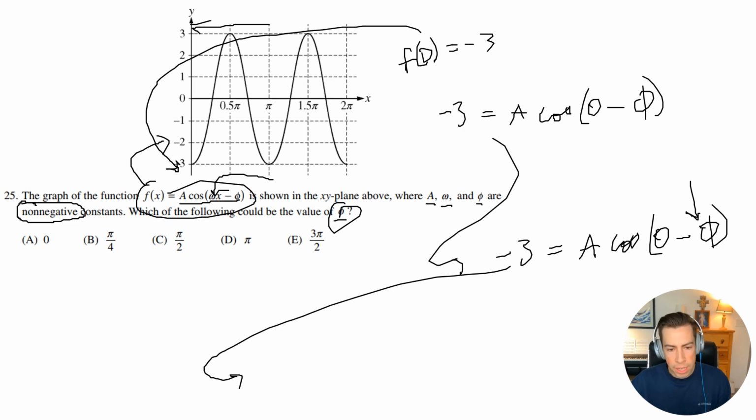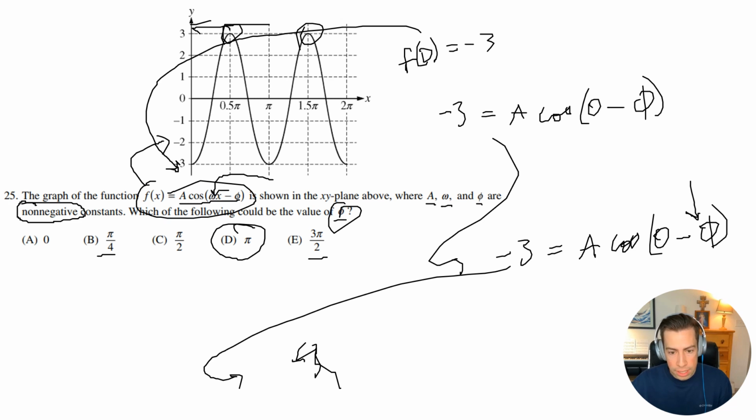It cannot be pi divided by 2 or pi divided by 4, because I need these, sometimes called handlebars, to be on top. So if that has to be some value of pi and it has to be positive, then my only option is going to be answer choice D.